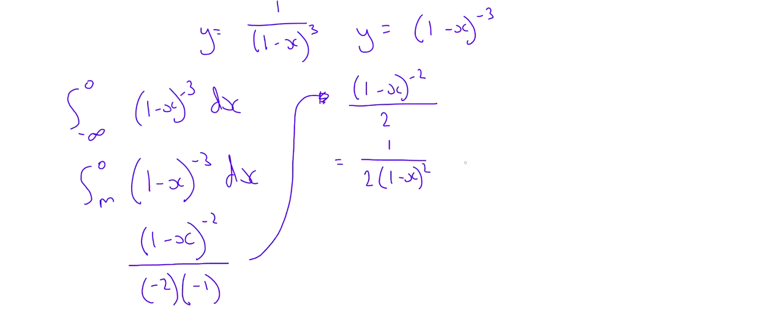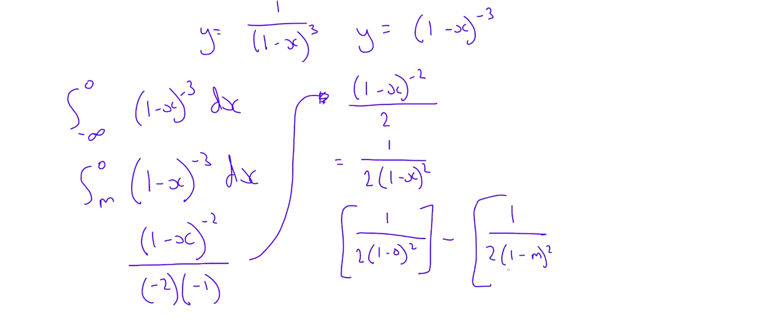So that is our lovely integration. Now what we need to do is substitute in our numbers. If I substitute in 0 and m, I get 1 over 2, 1 minus 0 squared, minus 1 over 2, 1 minus m squared.